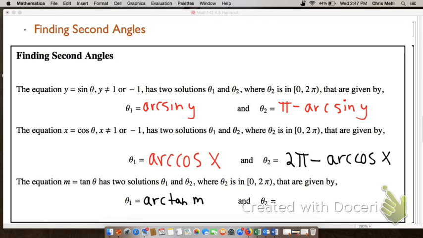And if you want a second solution in the interval 0 to 2 pi, well, tangent is pi periodic. Once I have my first angle, if I rotate by pi units, I'll have a new angle that has the same value of tangent. So the second angle is always just pi plus arctangent of m.